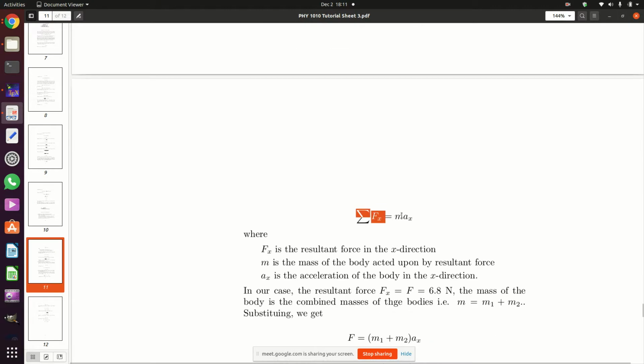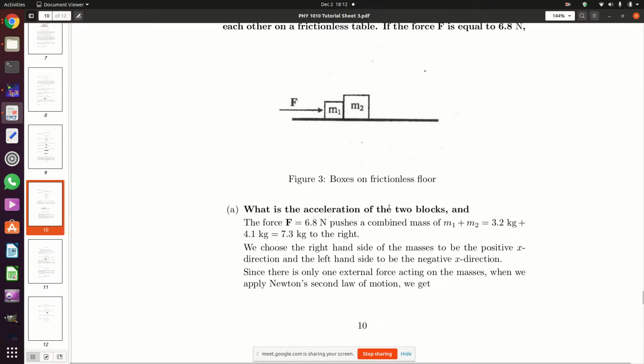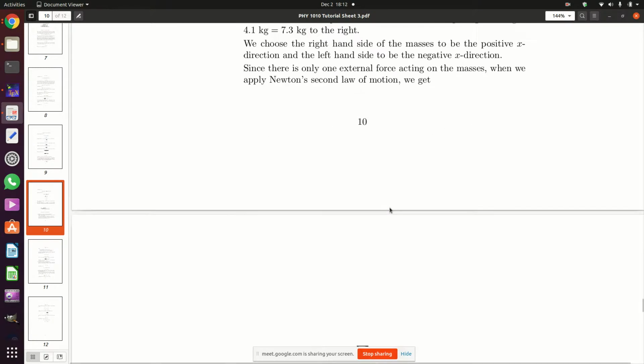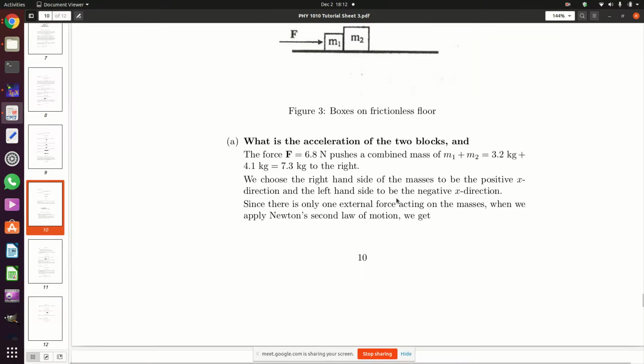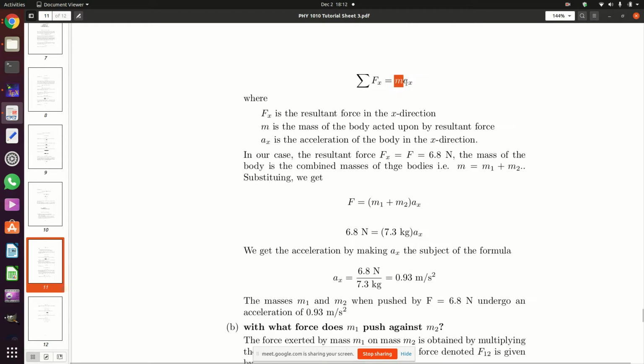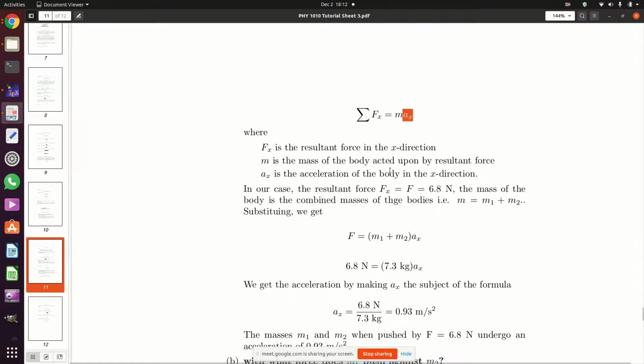In the case of the mass which is undergoing the acceleration, in our problem we are not dealing with just one mass. We are dealing with two masses. So we have to use the total mass here, which is the 7.3 kgs which we have obtained, multiplied by the acceleration which these two bodies are going to undergo. The acceleration which M1 and M2 are going to undergo is going to be the same.